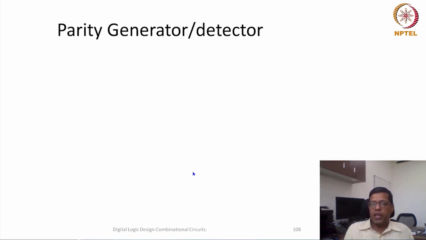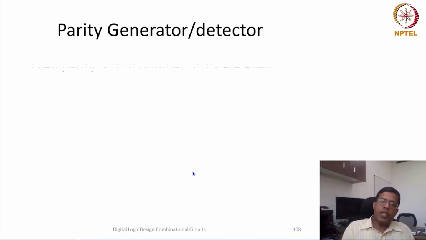Basically, that's why it is there at both ends, generator end and detector end. So at generator end, one parity bit would be generated, and at detector end again it is detected from the sequence. If the bit comes out to be same as whatever is the parity bit, then we say that yes, there is no error. And a single bit parity can detect 1 bit of error.